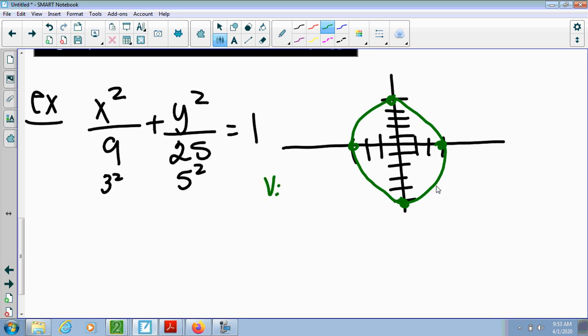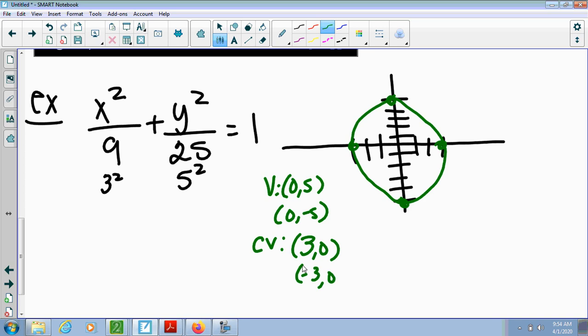My vertices are on my major axis, so that's 0, 5, and 0, negative 5. My co-vertices on my minor axis, so 3, 0, negative 3, 0. The distance of the major is 10. The minor is 6.